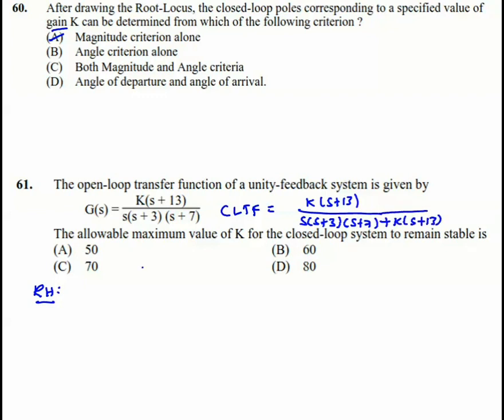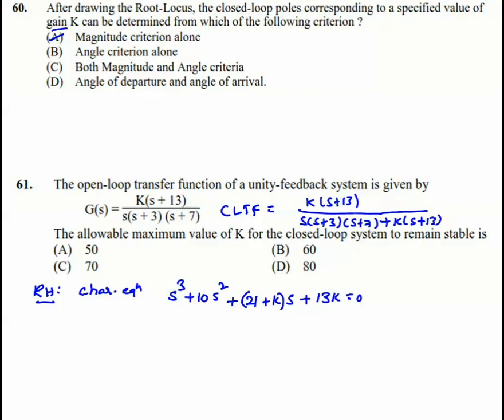From this, the characteristic equation can be written as s cubed + 10 s squared + (21 + K) s + 13K = 0.